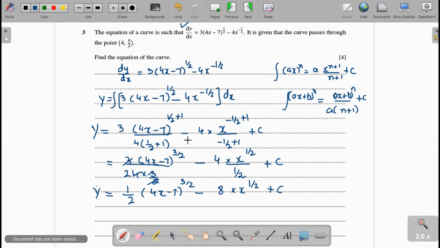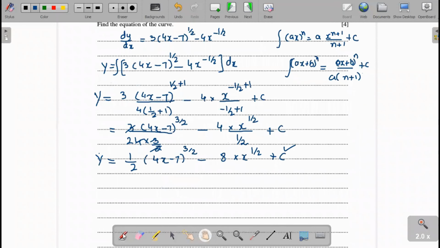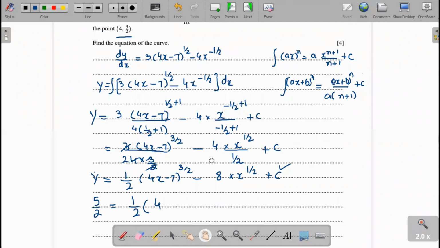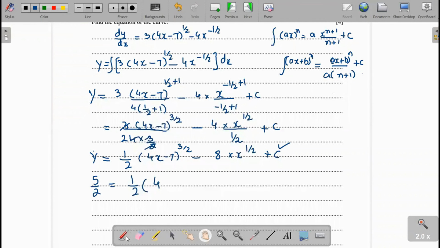Now we put the values to find c, where x is 4 and y is 5/2. Here y is 5/2, equal to 1/2 (4 times 4 minus 7) to the power 3/2, minus 8 times 4 to the power 1/2, plus c.